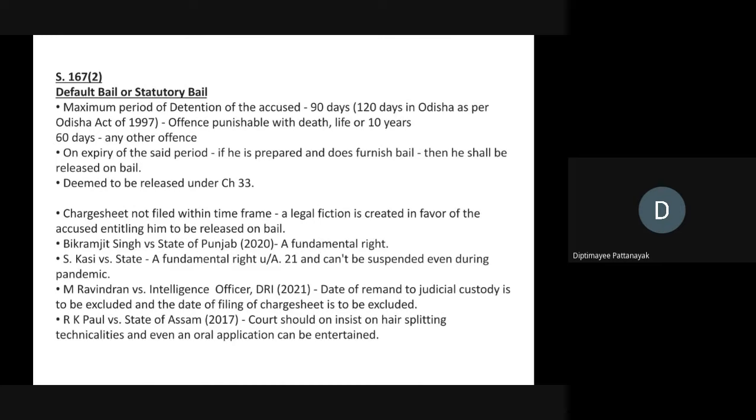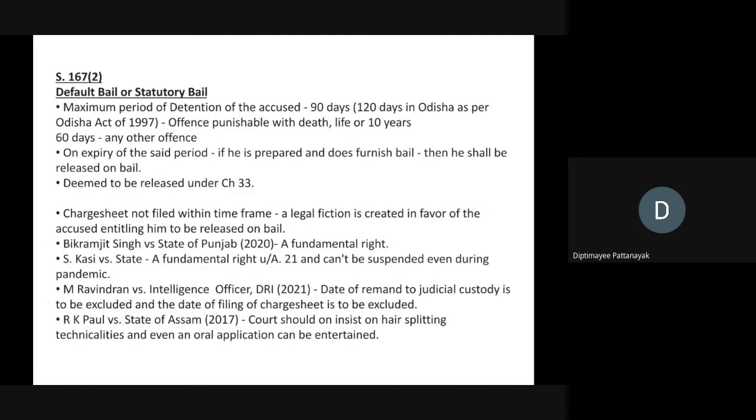It says that if the charge sheet is not filed within the prescribed time frame, then a legal fiction is created in favor of the accused, which entitles him to be released on bail.